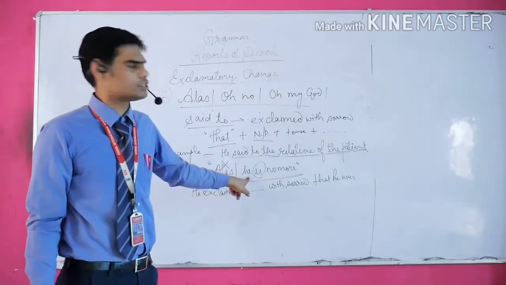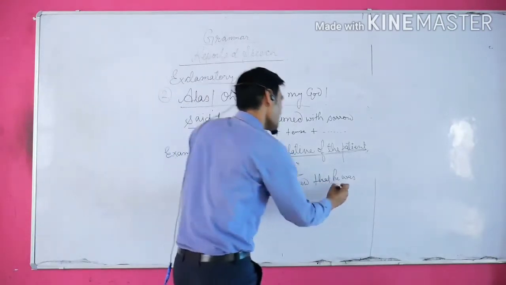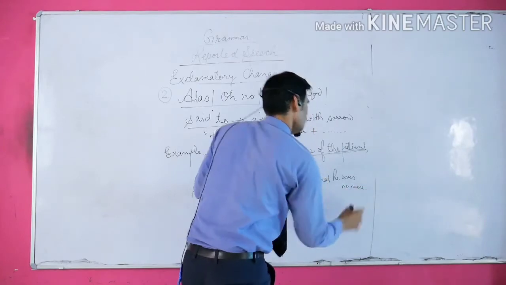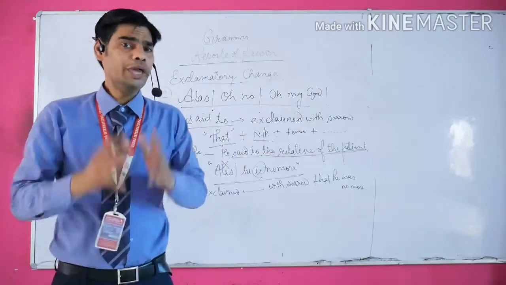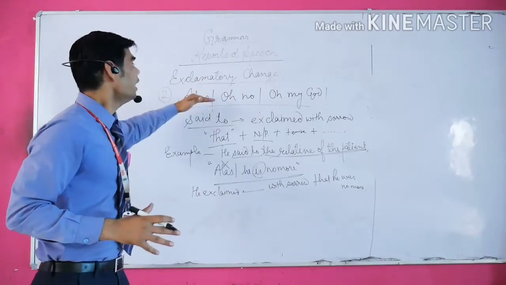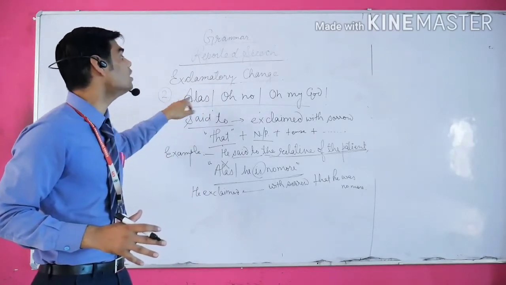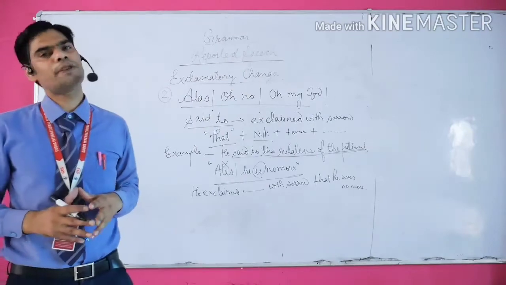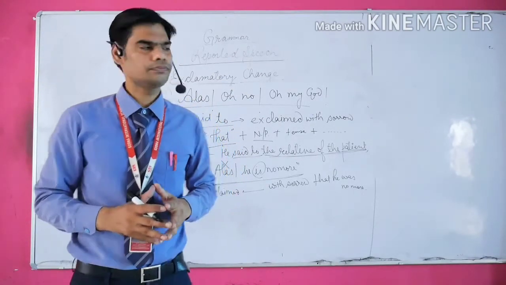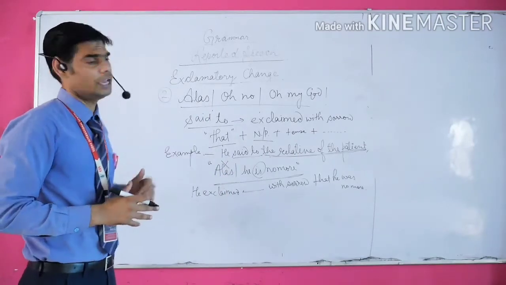No more stays as it is. So in this manner we have understood how exclamatory sentences, second part, sorrowful expressions, we will change into indirect. Second part we have talked about.